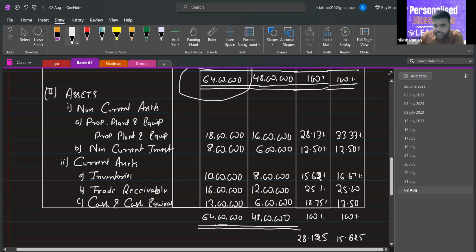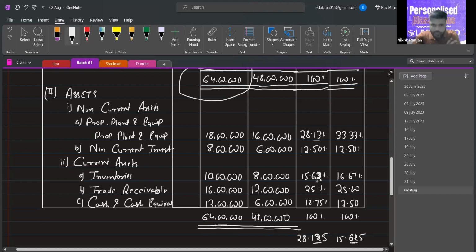In this case I have increased it to 13 here, and in the second case I have decreased it to 62. So the total is 100% now.